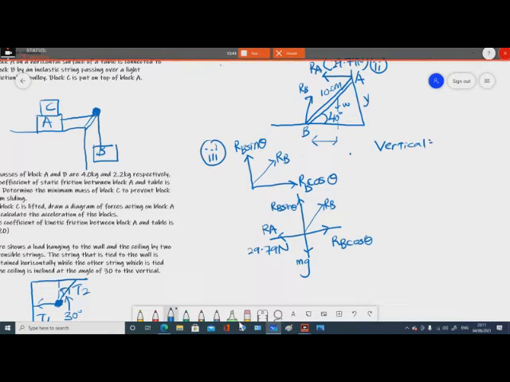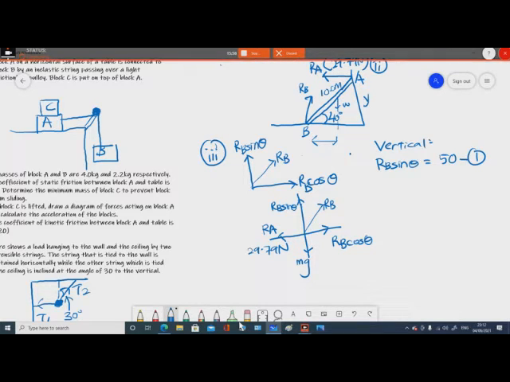Vertical force: we have RB sine theta equals mg, which is 50 Newton. So this will be our first equation.